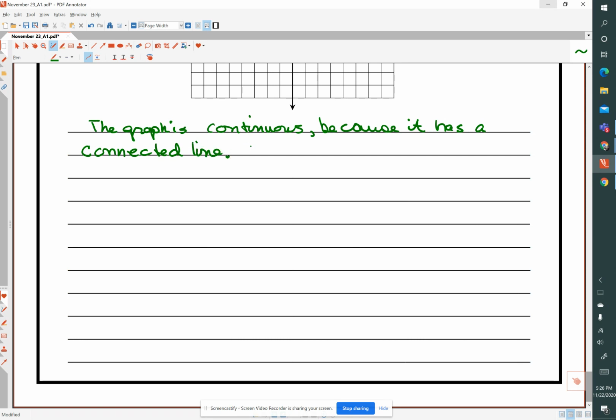Okay, the domain is all real numbers, because the graph extends all the way from left to right.